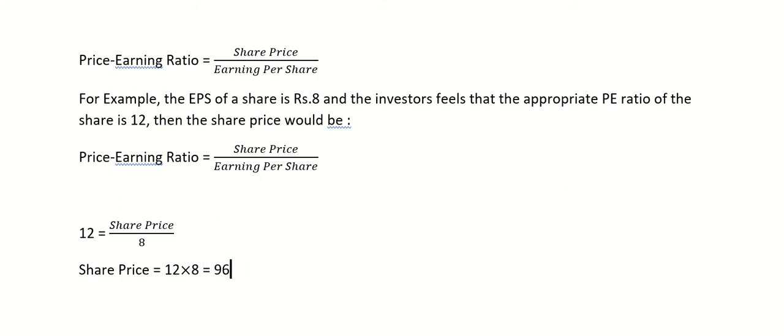So today if you want to buy a share with an expectation of PE ratio that is 12, and the earning per share is given to you, that is 8, then you should pay 96 rupees for the share, right?